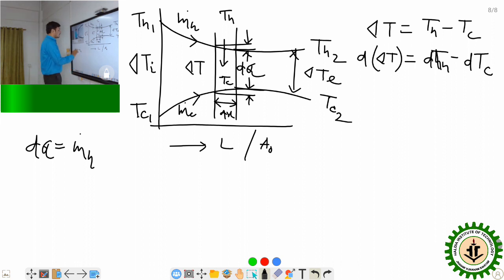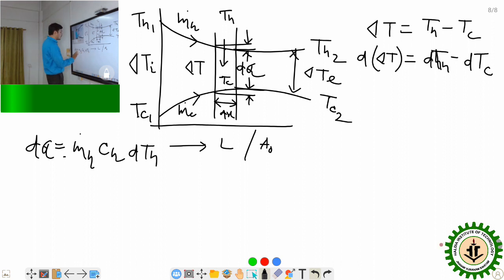So this would be CH. Now the specific heat of the hot fluid is this one. You should always be concerned with the unit, kilojoule per kg Kelvin. This is the specific heat, and that temperature difference is DTH.